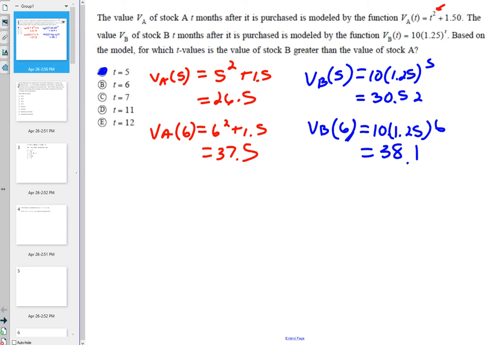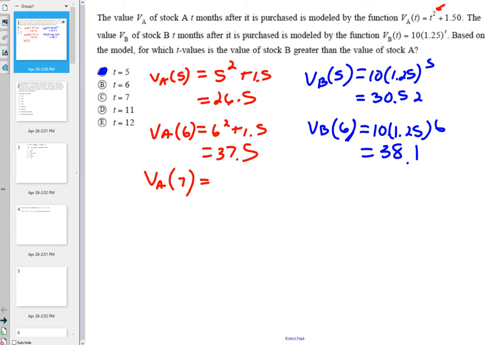But it is a little bit closer though. See, before B was a lot bigger. So I guess it has to do also with the base and what you're multiplying by. Maybe that growth of 1.25 is not enough of a growth factor to keep up with the squaring of the 6. So I guess we've got to test each one.